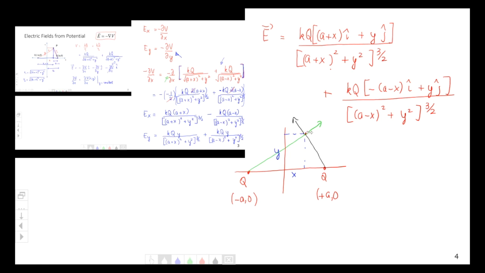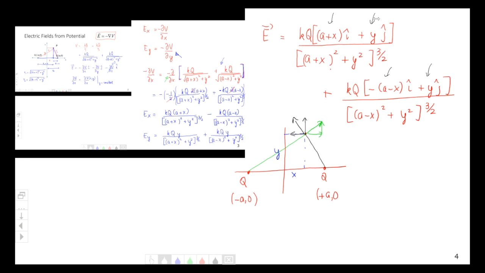So the field due to the charge on the left would have a positive x component and a positive y component. The field due to the charge on the right would have a negative x component and a positive y component, which is exactly what you see in these expressions over here.